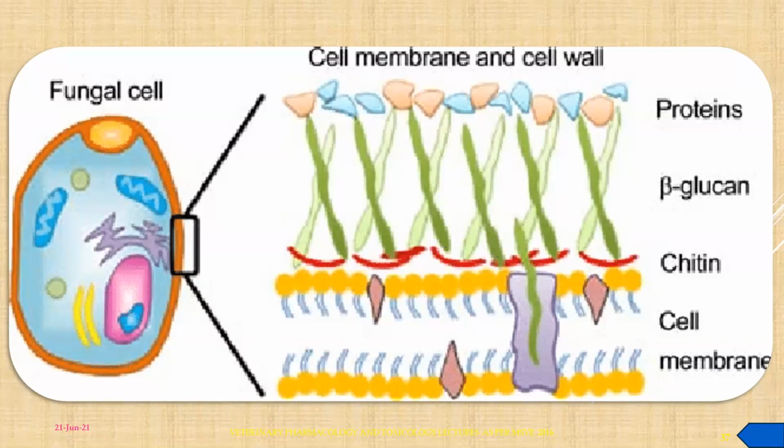The outer layer is proteins, different types of proteins, it may be alanine, glycine, like that, just like the bacterial cell. The beta glucan is the middle one, this beta glucan bond, and the chitin structure is there, especially separated from the cell membrane, which makes it less susceptible to the cell membrane lysing drugs.